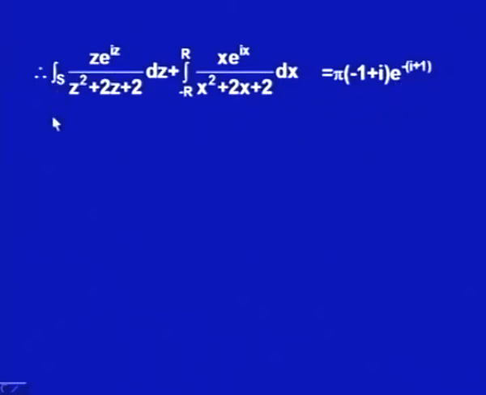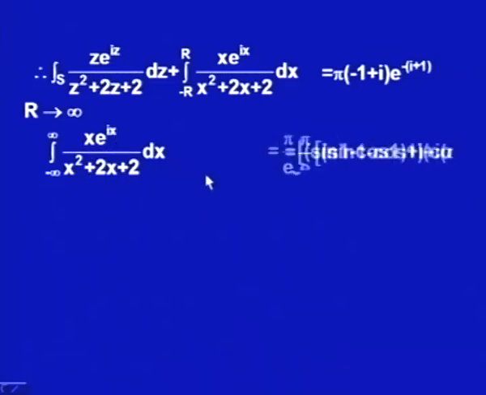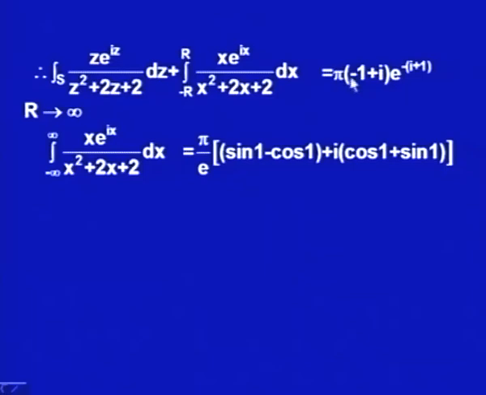Now, take the limit as r approaches infinity. Just now we had shown that the first integral would approach 0, and the second integral would actually be the principal value of the integral from minus infinity to plus infinity of x e to the power ix upon x square plus 2x plus 2 dx. This would be the left hand side.